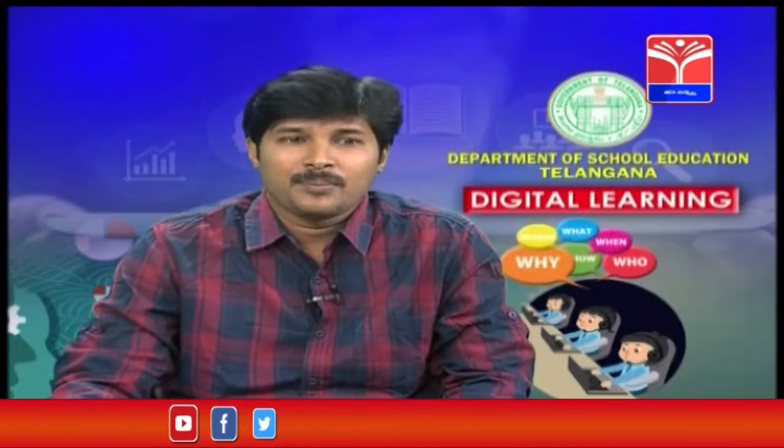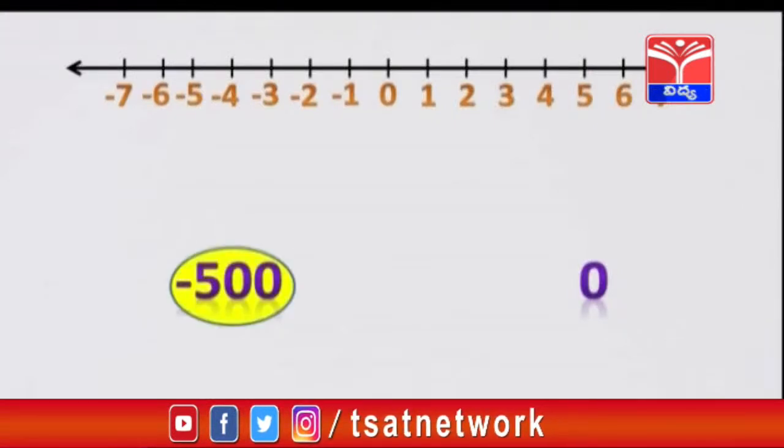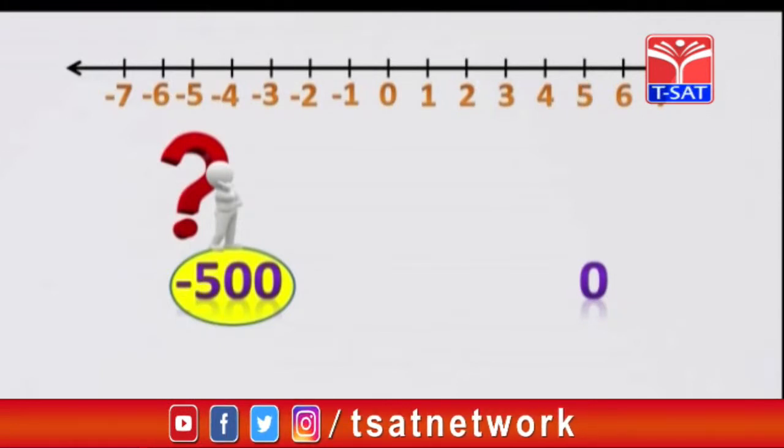Now let us compare minus 500 and 0. Wait, where is minus 500 on the number line? This is such a big negative number. Usually we write only a few numbers on the number line. Then how do we compare these two numbers now?